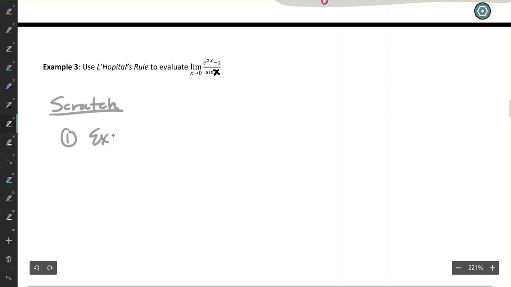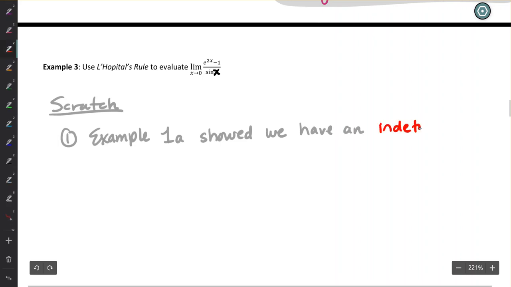Example 1a showed we have an indeterminate form of type 0 over 0.